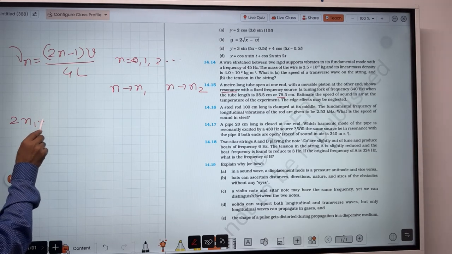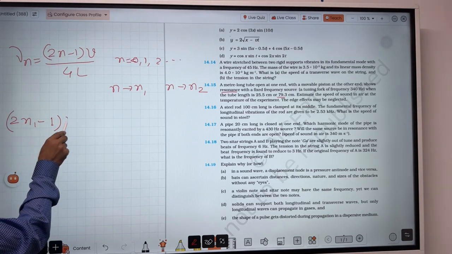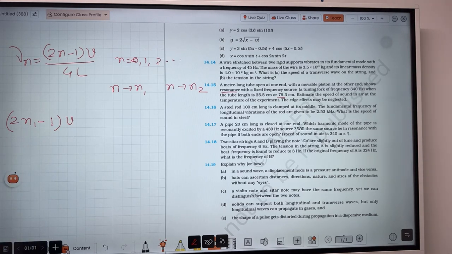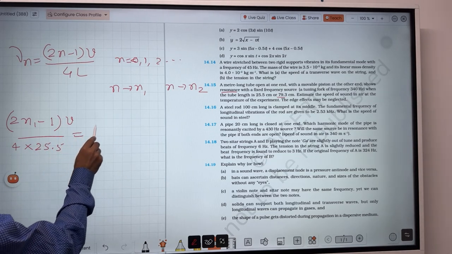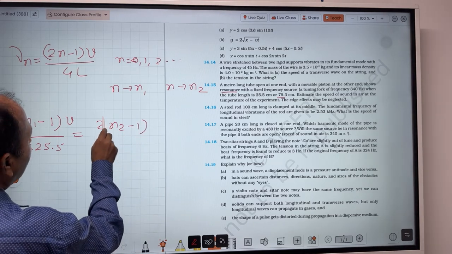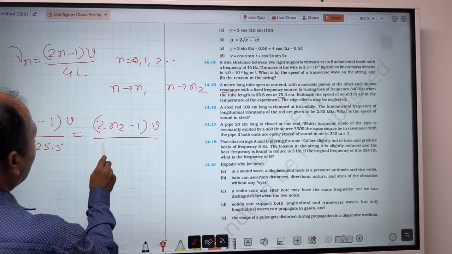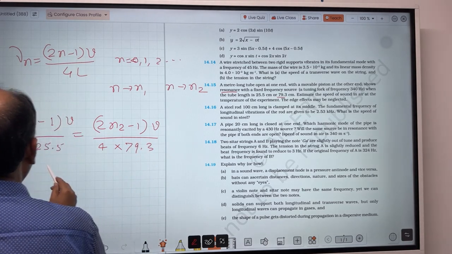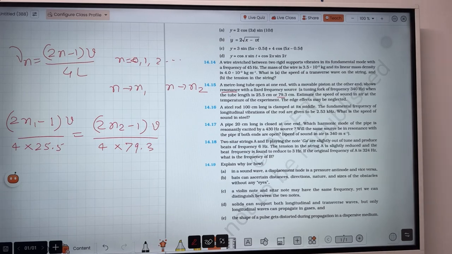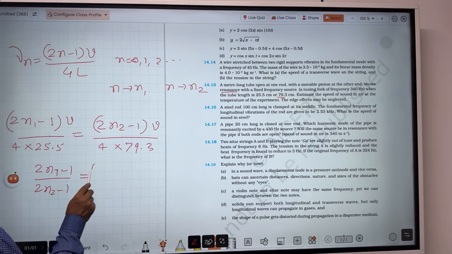So you can say (2n1 minus 1) times V divided by 4 times 25.5 is equal to (2n2 minus 1) times V divided by 4 times 79.3, right? We can simplify to get the relation (2n1 minus 1) divided by (2n2 minus 1) is 1 upon 3.